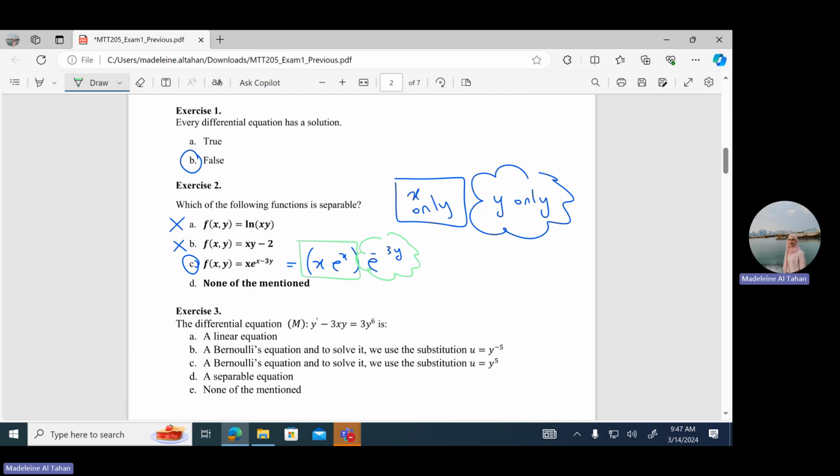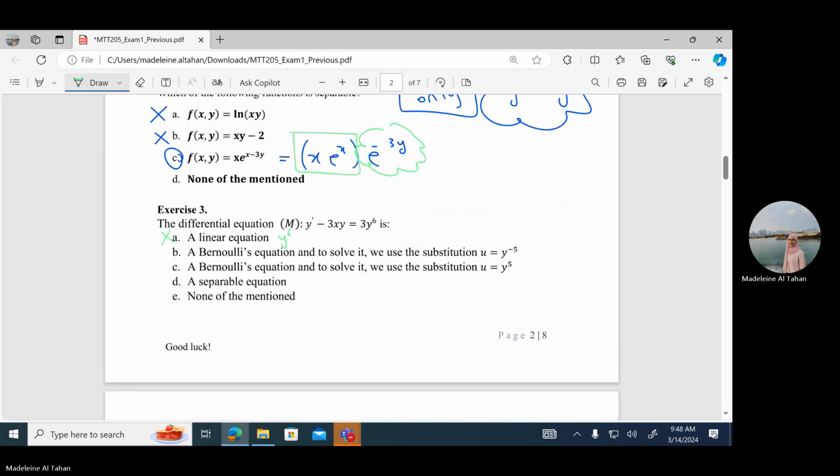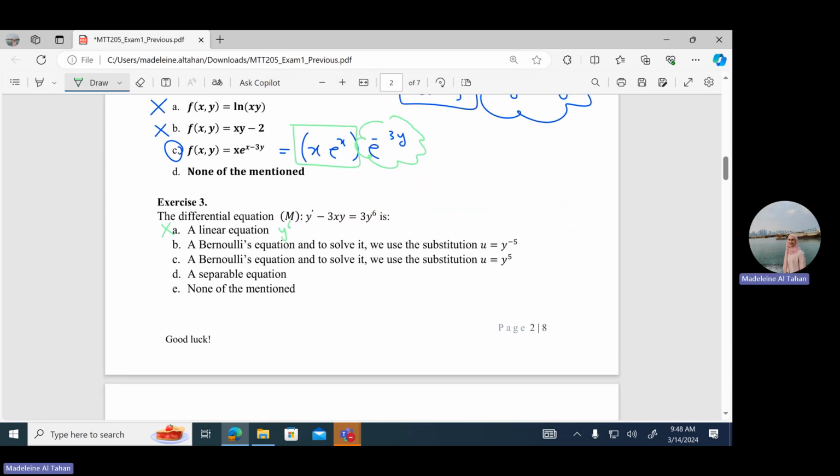Let's look at the second one. Is this one linear? Where's the problem of the linear? Y is power 6, right? Is it Bernoulli's equation? Doesn't it have the same form as Bernoulli's equation?